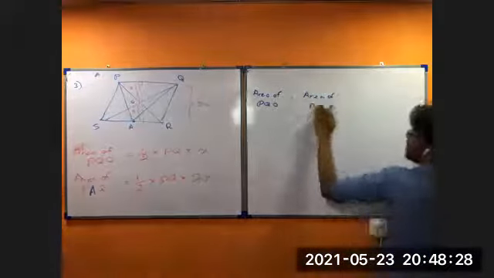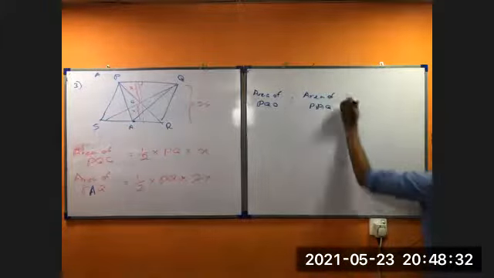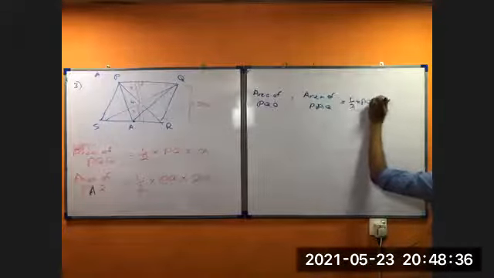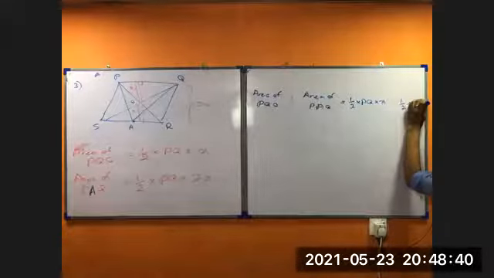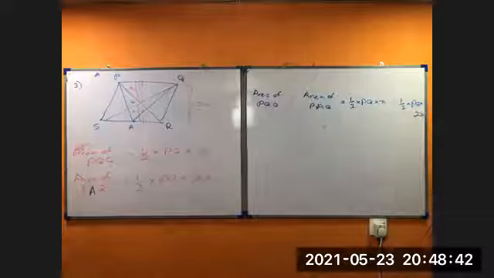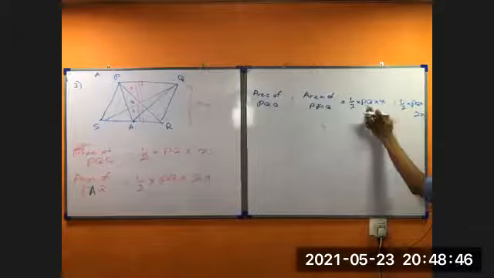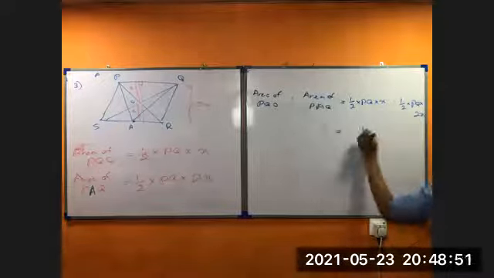Area of PAQ is equal to what? Half into PQ into x is to half into PQ into 2x, right? Then similar terms you can remove. Half and half will cancel off. PQ and PQ will cancel off. x and x will cancel off. So you will get 1 is to 2.